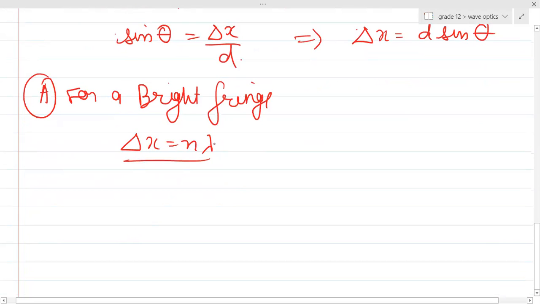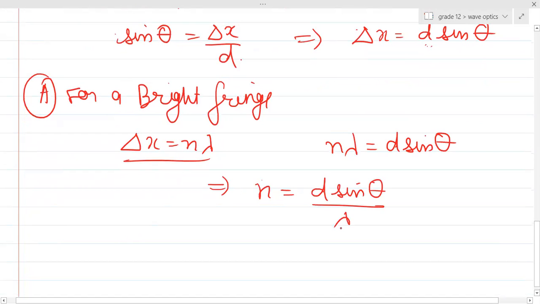So can I put this n lambda in this equation? So I can get n lambda is equal to d sine theta. So from here I can say n is equal to d sine theta by lambda. Can I say this?